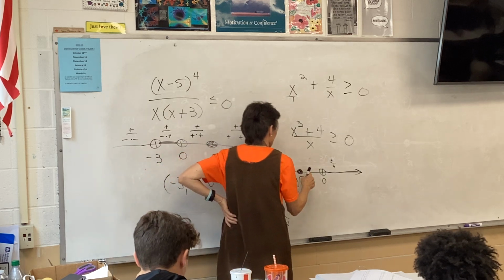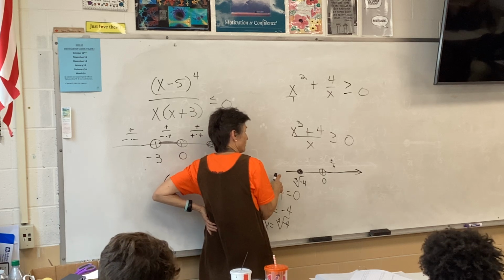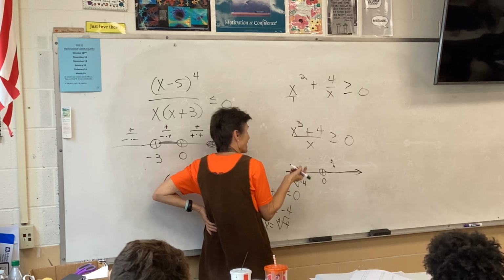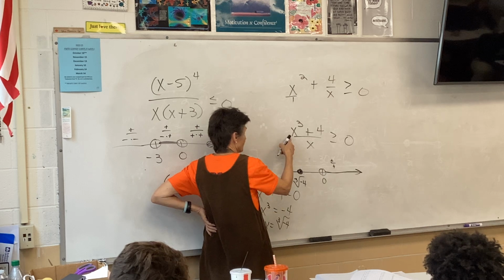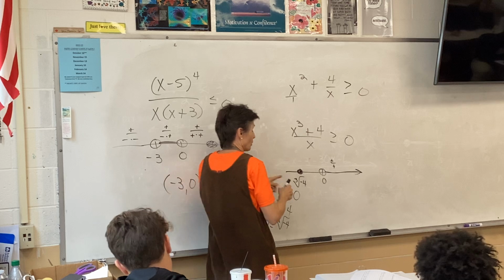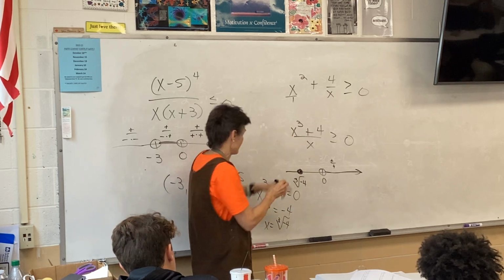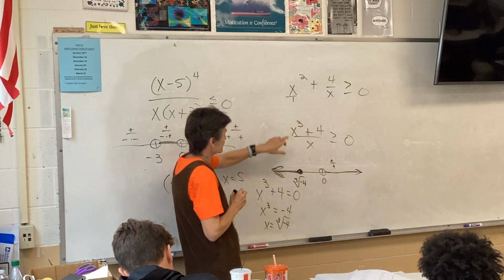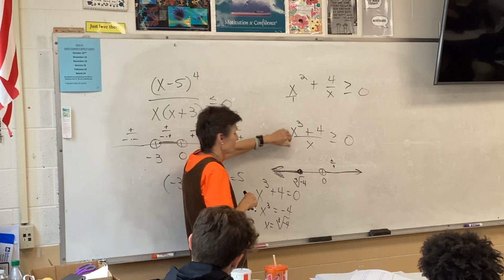What happens if I let x be like negative 1,000? Well, isn't that going to be negative? So that isn't gonna work, is it? Oh yeah, it will, because it'll be negative over negative, so that'll work. Because it'll be like negative 900 over negative 1,000 or something.